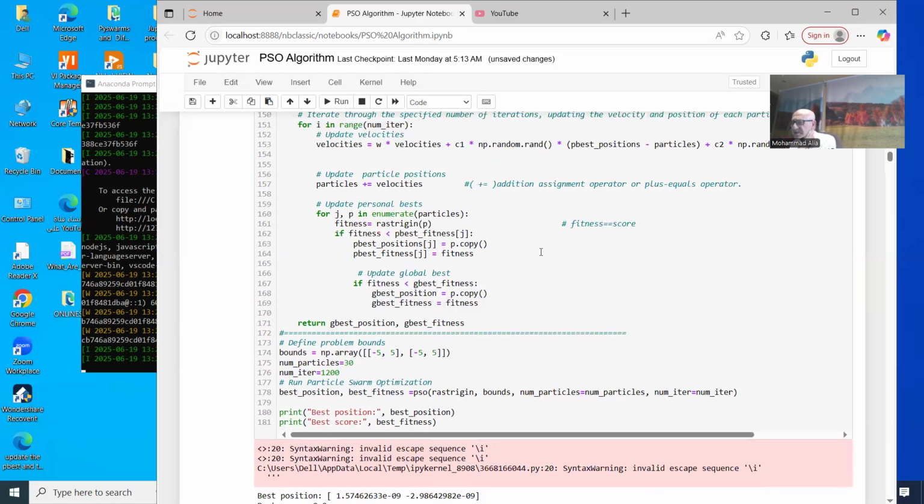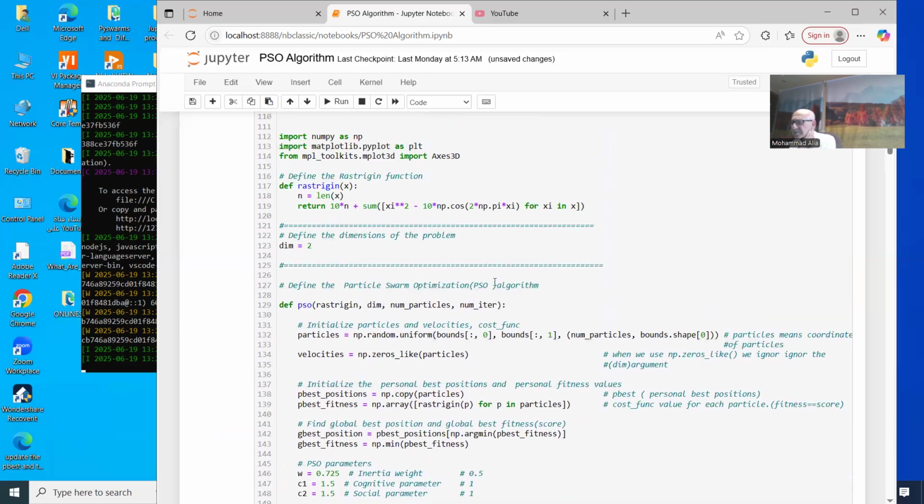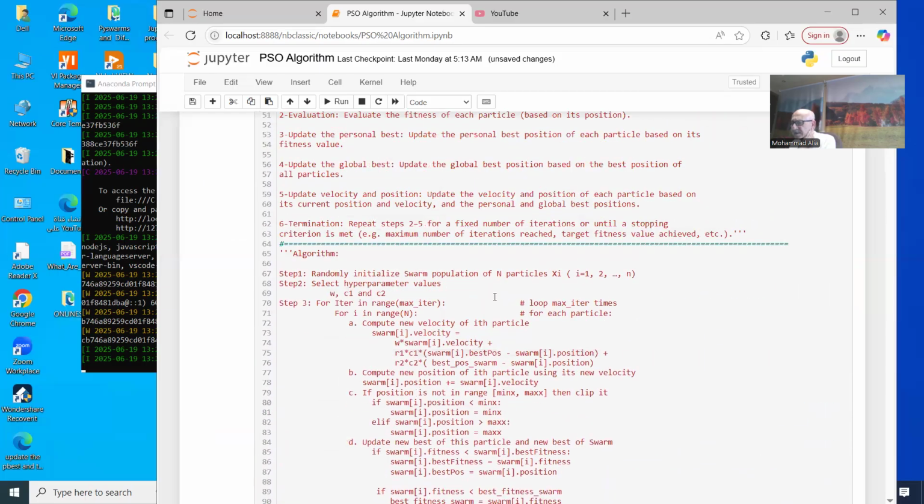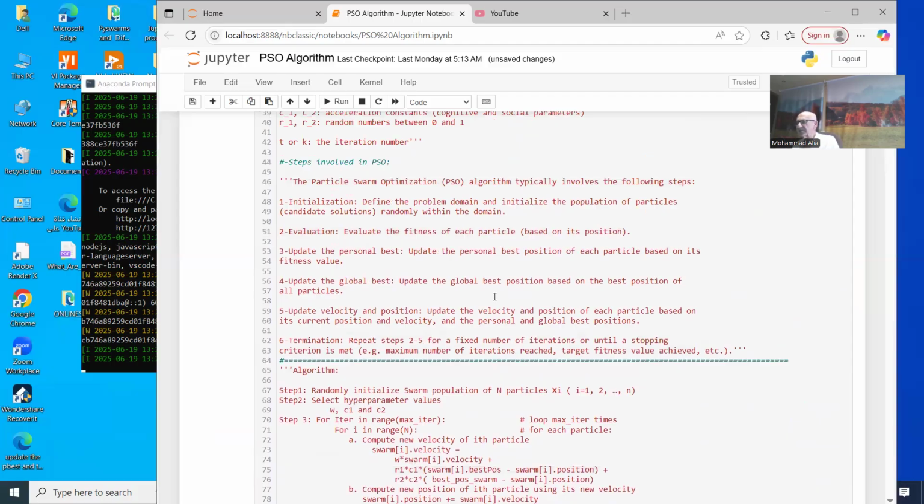So as you see, the program works, and the PSO algorithm could be used directly without any amendments or developments or enhancements to minimize any objective function.